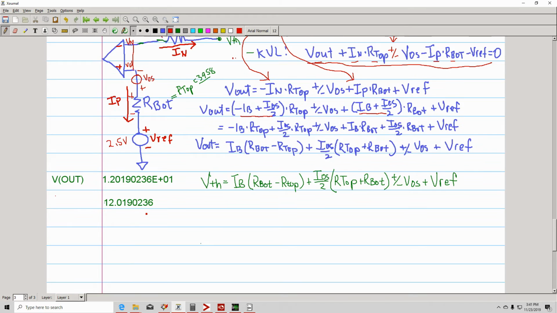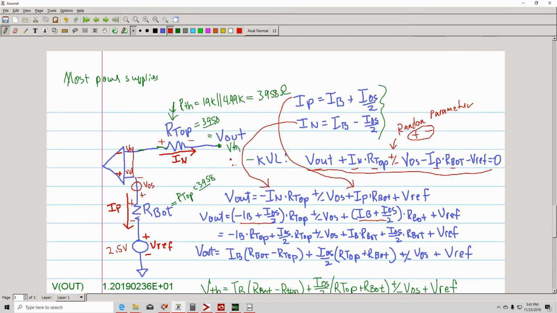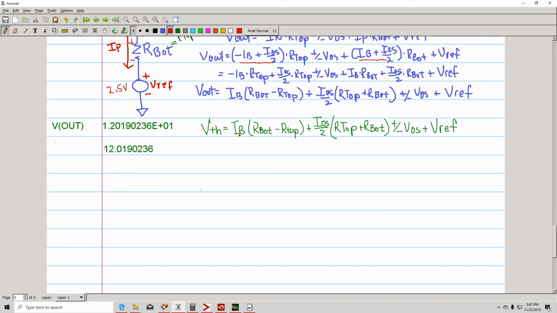I had said that in this case this is VTH, not V out. There is a relationship, and the relationship that I'm using is that VTH divided by V ref, and then V ideal and V actual.